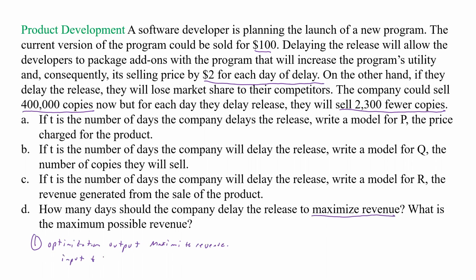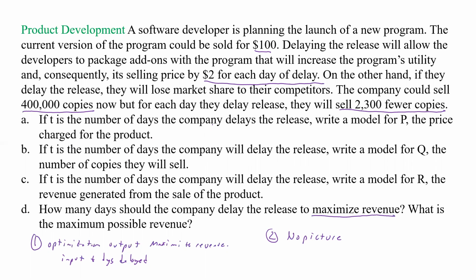Well, that's T, days delayed, because T is the number of days that delay the release. Now, can we draw a picture? I can't draw a picture, but we can write equations and stuff like that as we go along, because it's asking targeted questions to get to the point where we get to the end. So first one, I guess we could probably even write it here.